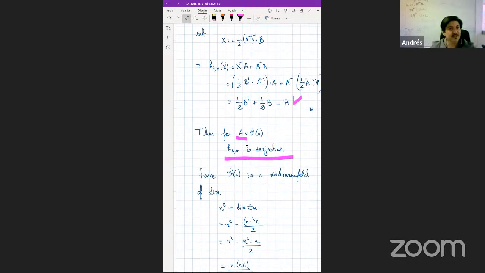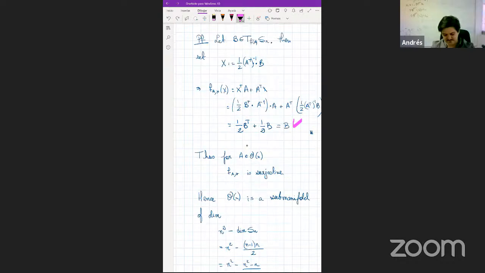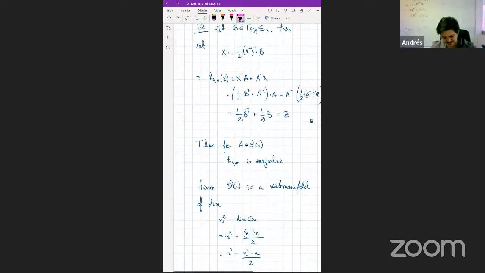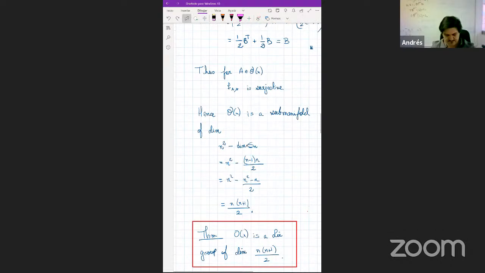And so what is the dimension? It's the dimension of the domain of F, n squared, minus the dimension of this. Moises already told us what is the dimension of Sm, because Sm is a Euclidean space, and you have it here. Okay, so that's the dimension of On.